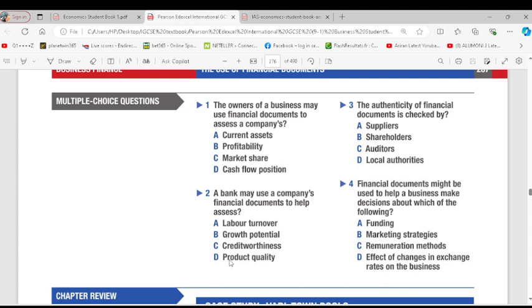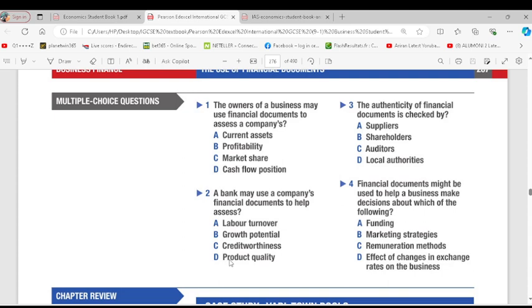Number 2. A bank may use a company's financial documents to help assess. Okay, this is not from owners. This is from a bank. A. Labor turnover. No, I don't care about it. B. Growth potential.